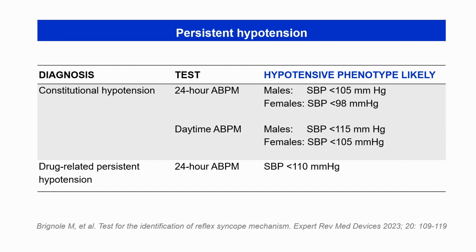Or if there is a daytime ABPM less than 115 and less than 105. Or if there is a drug-related persistent hypotension that shows that the patient has a systolic blood pressure less than 110 millimeters of mercury.